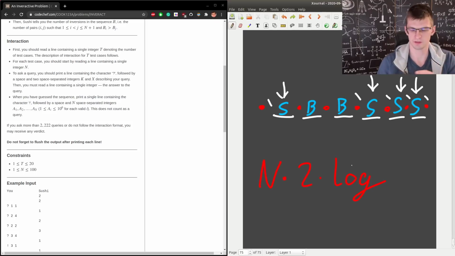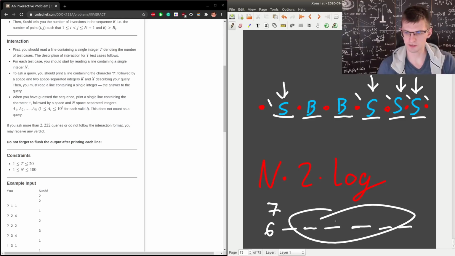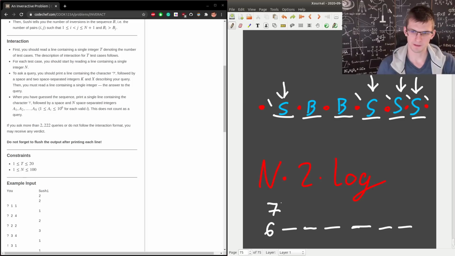What about this? If there is a sequence, if I put here value 7 and value 6, and if nothing here is 7 or 6, the answer will not change. I want to decrease million to something smaller.